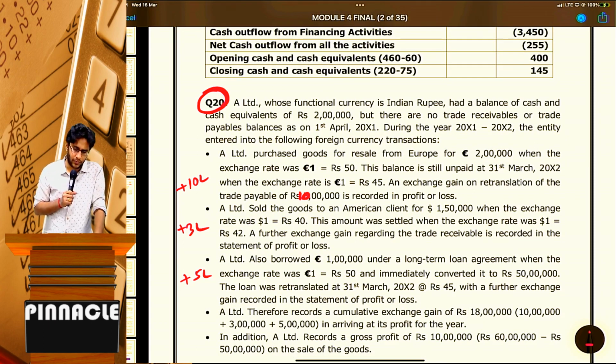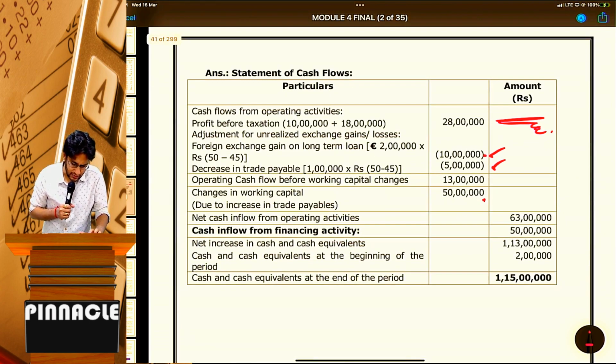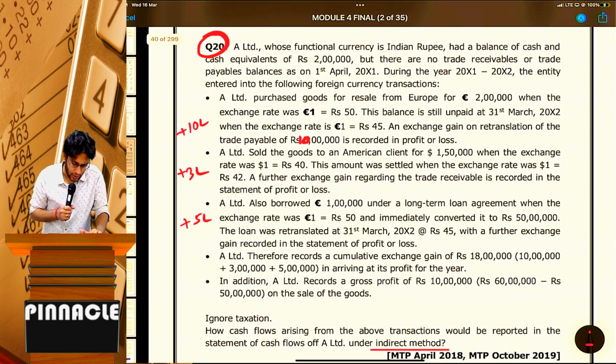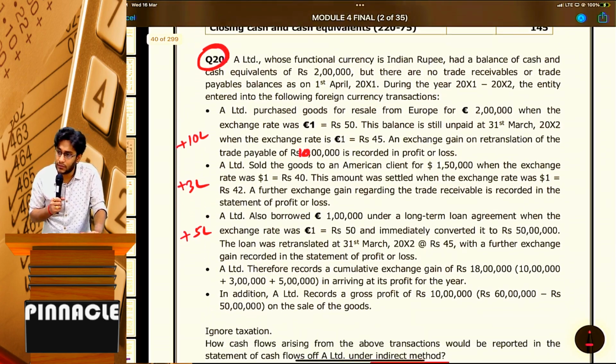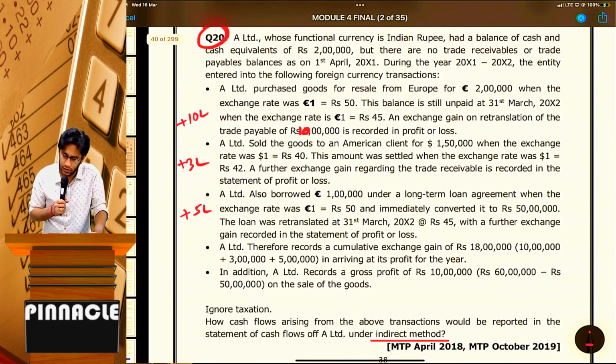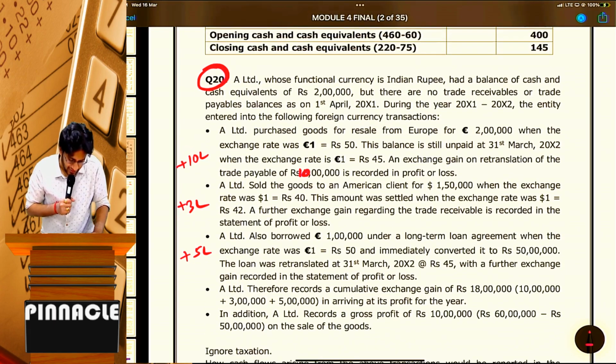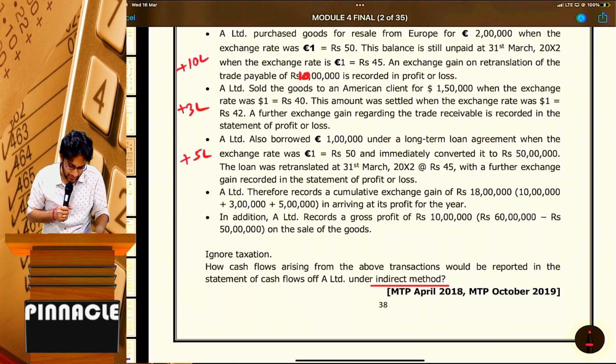Coming to the first item only, $2 lakh into 45 is 90 lakhs. He recorded that as a 50 lakhs increase in trade payables. Okay, wait a moment. Long term loan is a working capital adjustment? Since when? Okay, I'm checking.